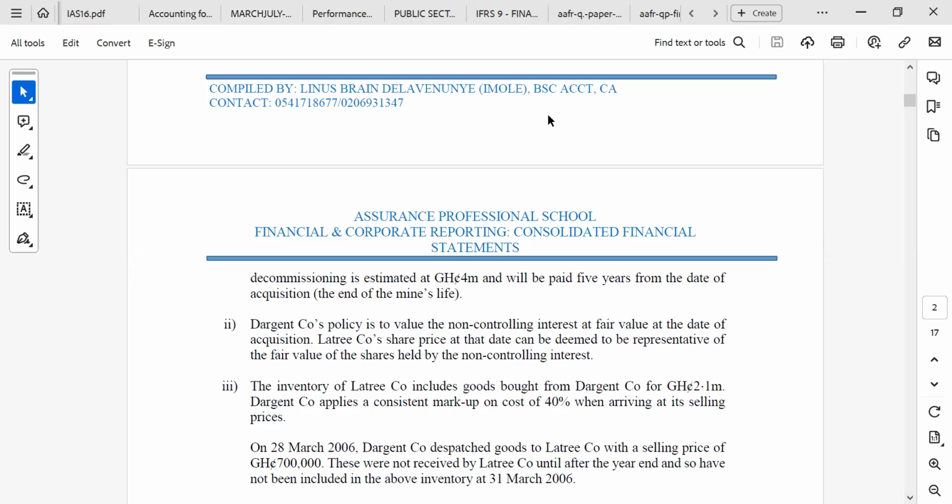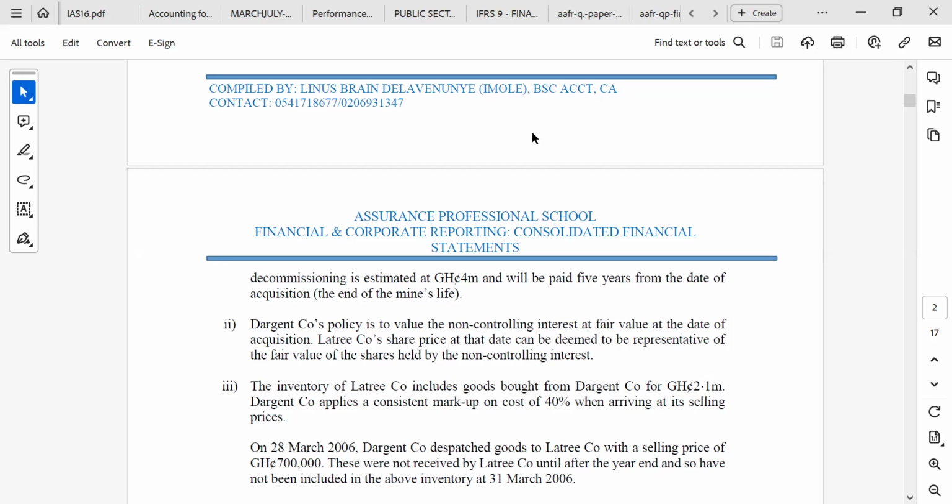Latico's share price at the date can be deemed to be representative of the fair value of the shares held by the non-controlling interests. So they are saying that the group policy is to value the non-controlling interest at fair value at the date of acquisition, and Latico's share price at the date can be deemed representative of the fair value of the shares held by the non-controlling interest.